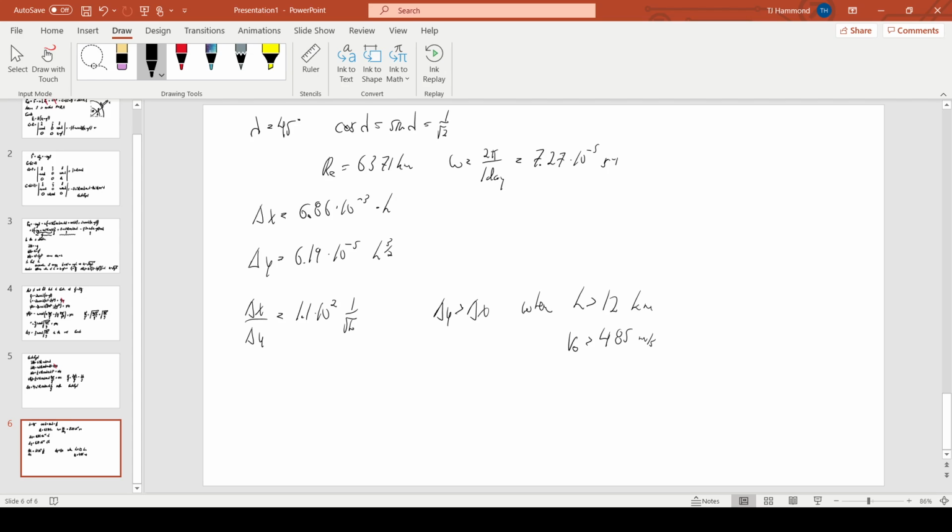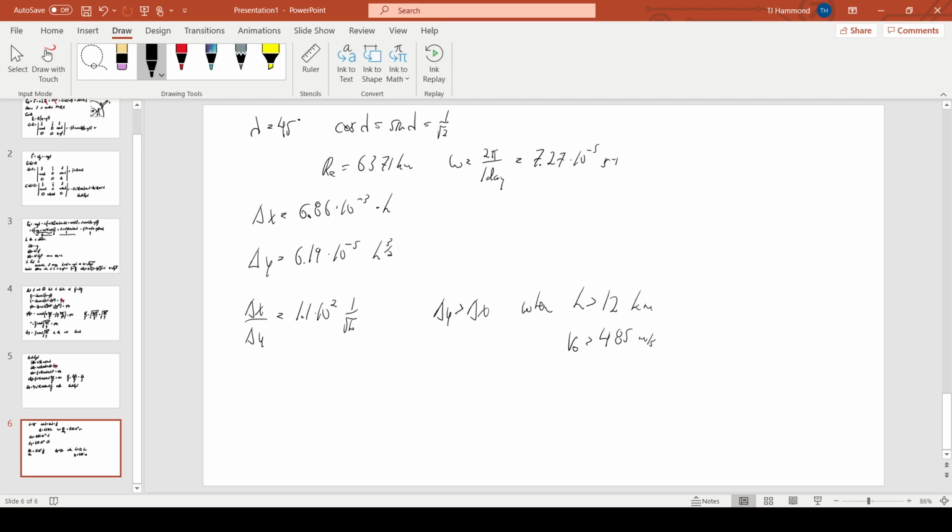If you remember, it's about 330 meters per second is the speed of sound. So you're going about 1.5 times the speed of sound, fired from sea level, which is about the speed of a bullet, actually. Kind of like a slow bullet.